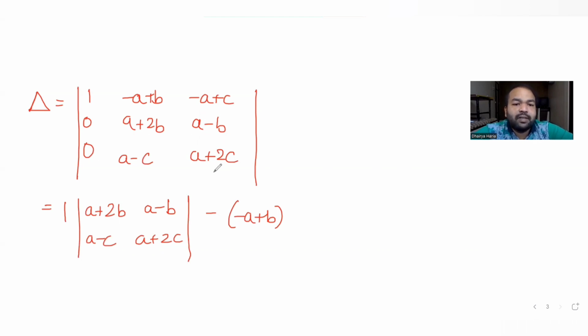But 0 into this is 0, minus 0 into this is also 0. So the entire expression becomes plus minus a plus c, again with the determinant of these four elements. And when I solve this, 0 into a minus c is 0, 0 into a plus 2b is also 0. So all of these terms vanish. You only have to solve this much part.